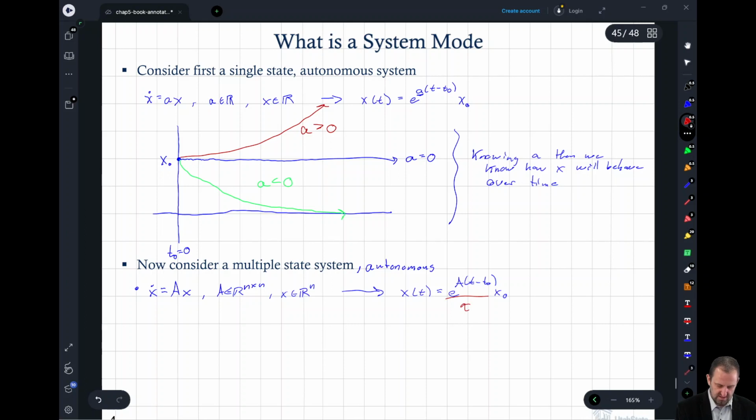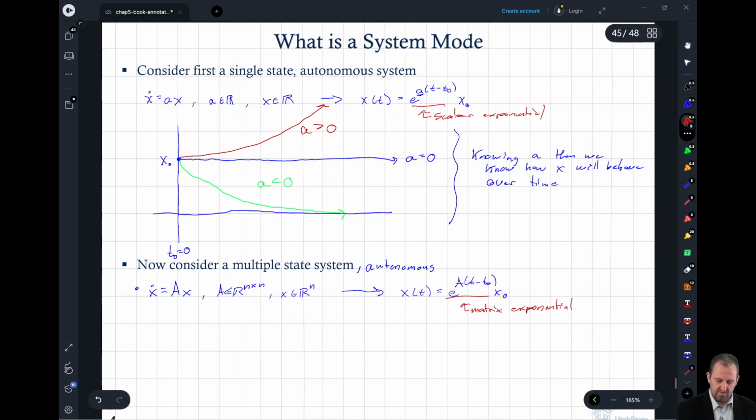But this is the matrix exponential, and this is the scalar exponential.